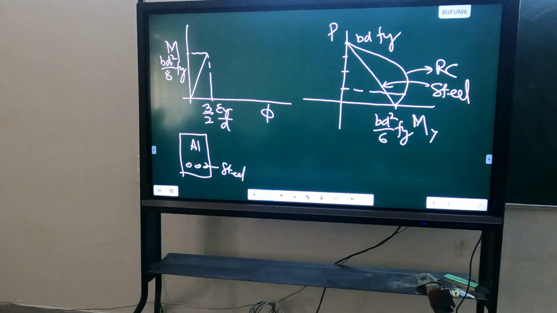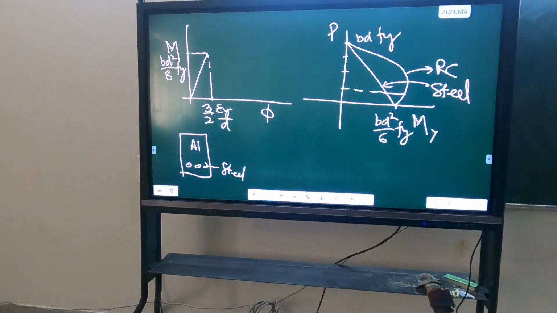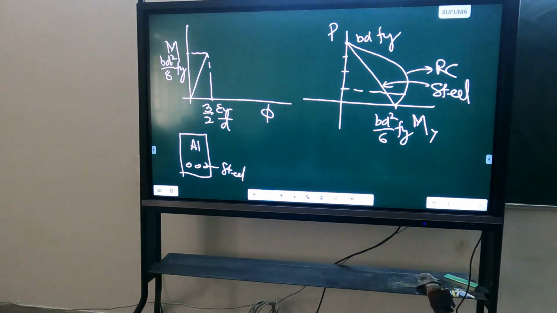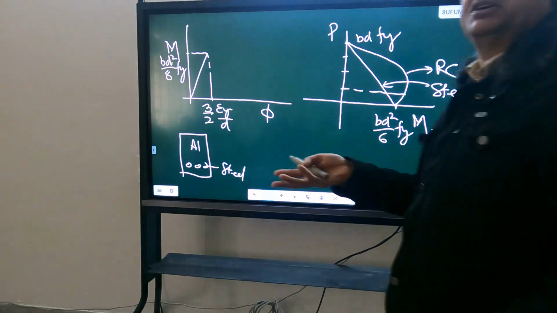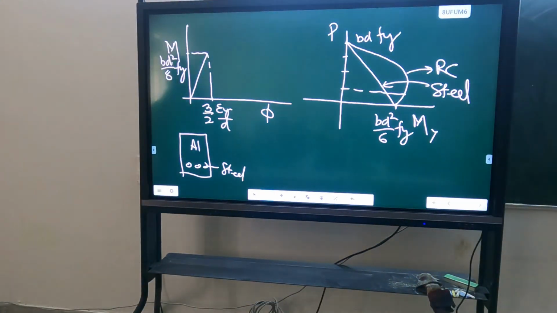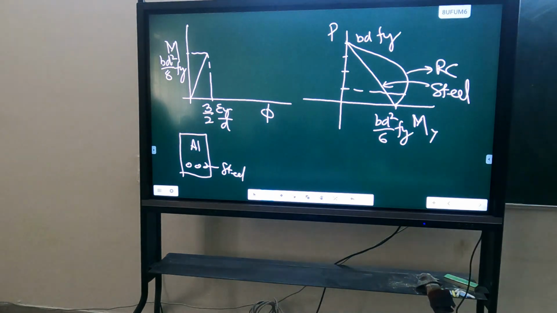So you will like most of the concrete area to be in compression. If more area of concrete is in tension, it's not being utilized, because that area in tension gives you only 10% strength, and the area in compression gives you 100%.